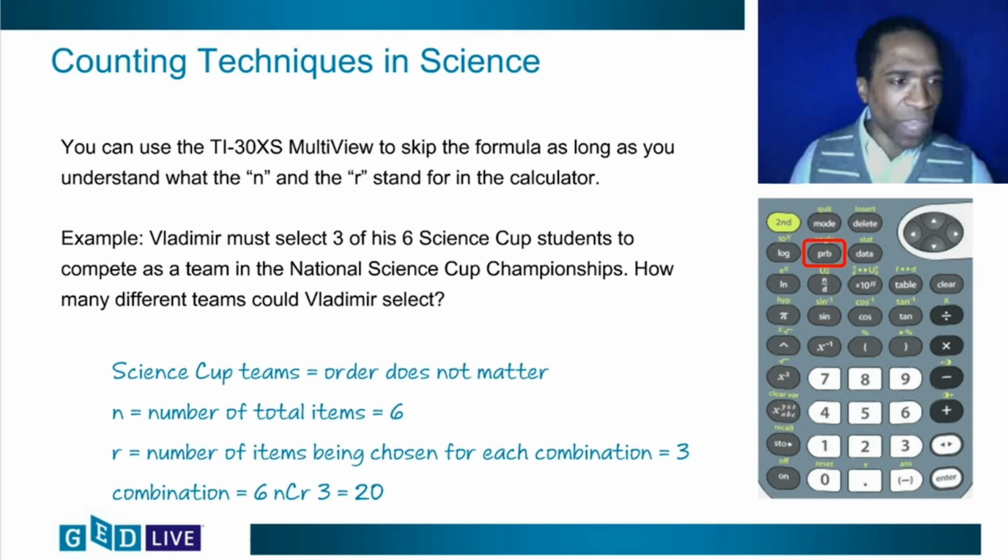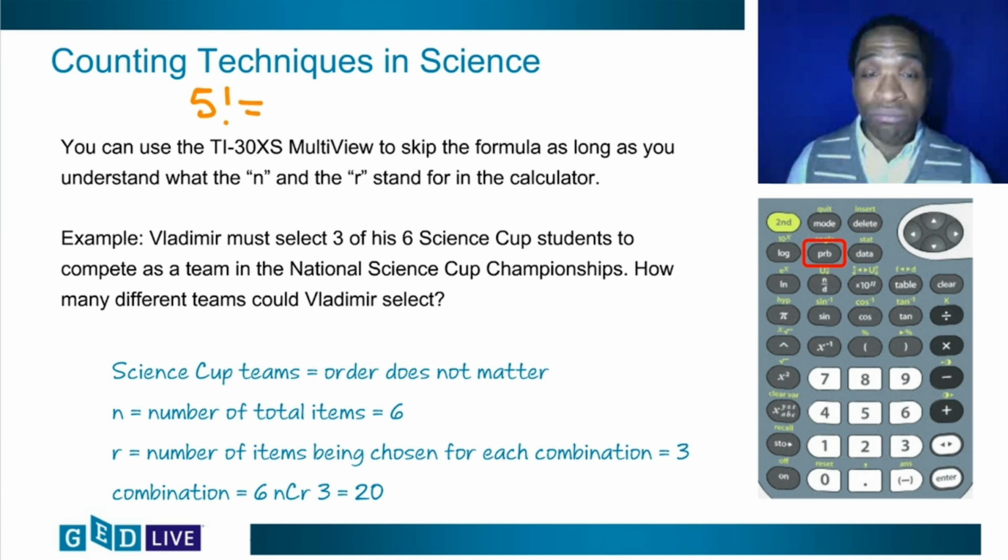Let's say we had 5 factorial. If you were to do this on your own, without the calculator, what it means is you start with that integer, that number 5. It could be 10, you would start with 10, whatever it is. And you multiply it by every integer down to 1.